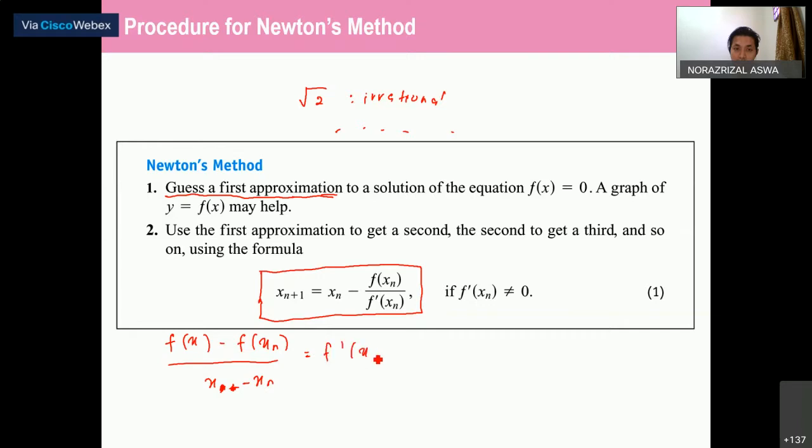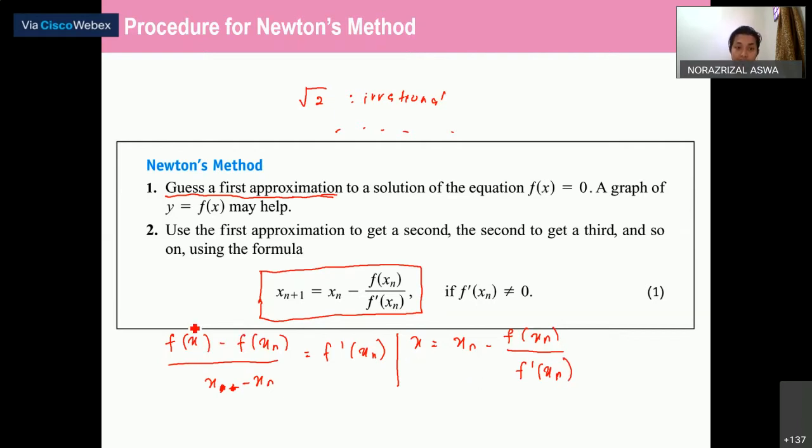So we know all this. With some manipulation, you'll get what we have just now: x_{n+1} equal to x_n minus f(x_n) over f prime(x_n). So this is the manipulation you did.